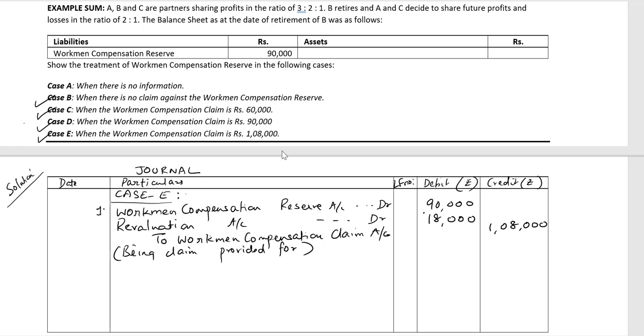Now that we've debited the revaluation account with rupees 18,000, it would result in a loss on revaluation which has to be transferred to all the partners A, B and C in their old profit sharing ratio. So the second entry is for transfer of loss to all partners' capital accounts.